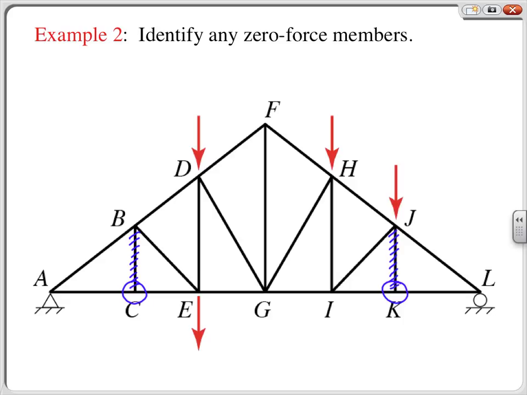Then repeat the exercise of scanning the truss for joints connecting 3 members, 2 of which are collinear with no external load applied at the joint. Joint B then becomes of interest. BE is the non-collinear member, and it must also be a zero-force member.